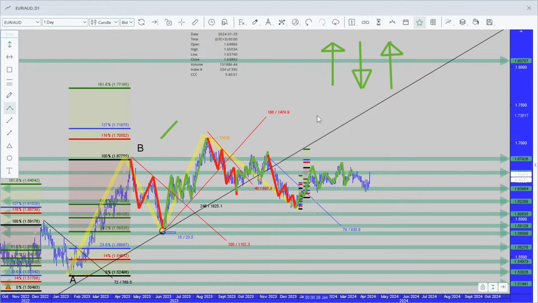The monthly is in an extension, the weekly is in a retracement, the daily is in an extension. For you to have a better chance, a better probability, not a guarantee, a probability, should you be on the long side of things or should you be on the short side of things?